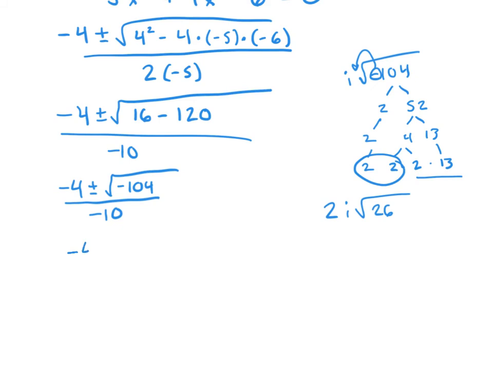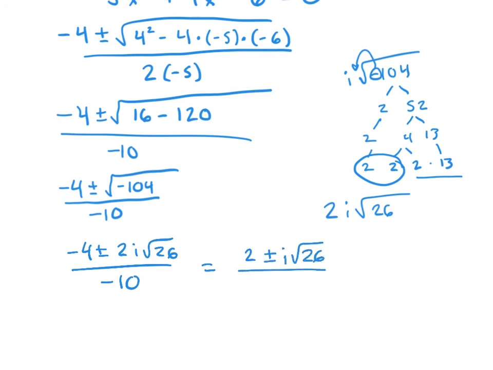So now I have negative 4 plus or minus 2i square root 26 over negative 10. Can I simplify this? What does it simplify to? Awesome.